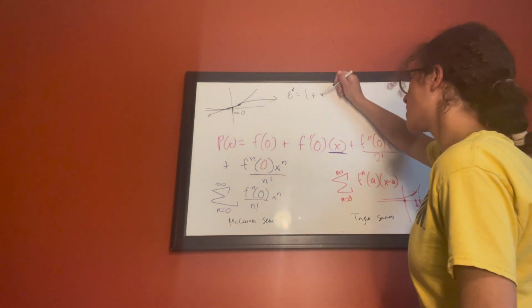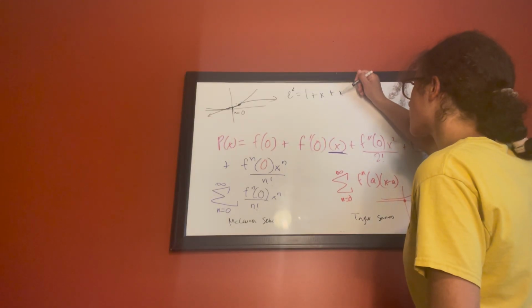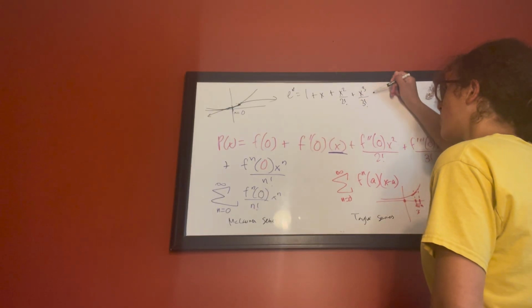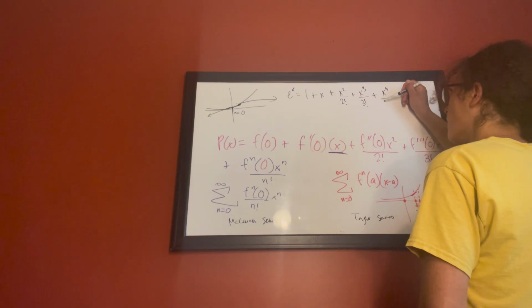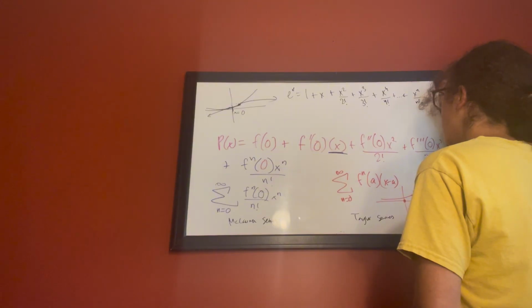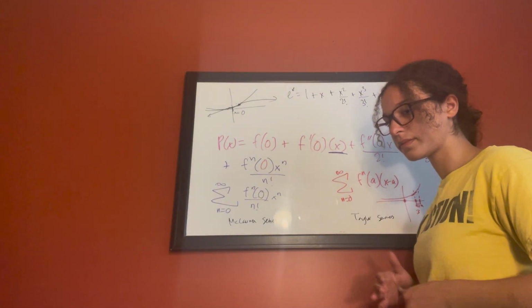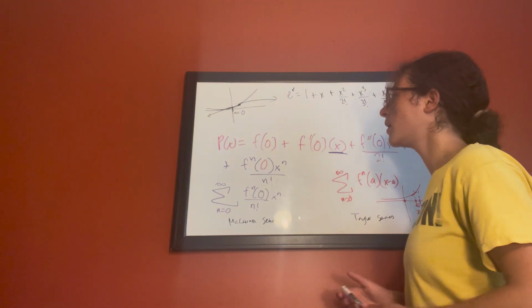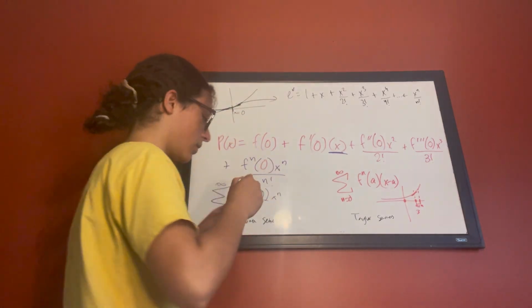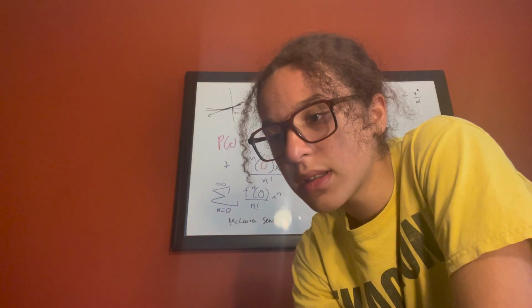So all these coefficients are 1, so we have 1 plus x squared on 2 factorial plus x cubed on 3 factorial plus x to the 4 on 4 factorial, plus x to the n on n factorial. Okay, let's check the Maclaurin series of e to the x. I think it might just be as simple as that.